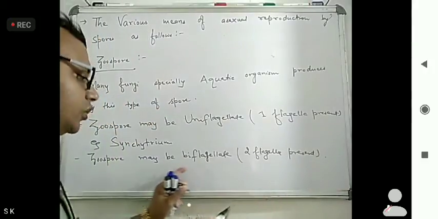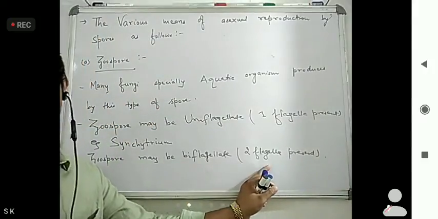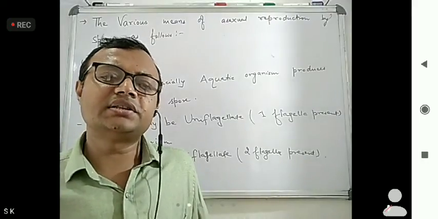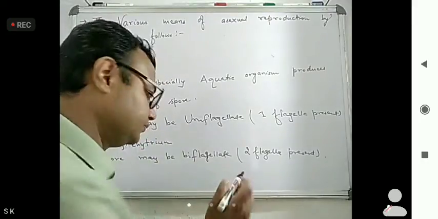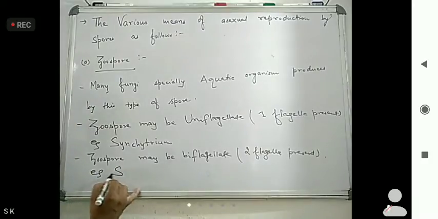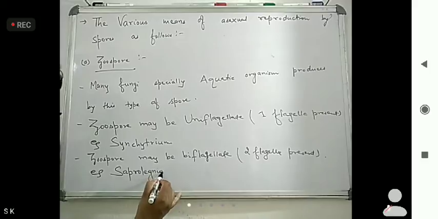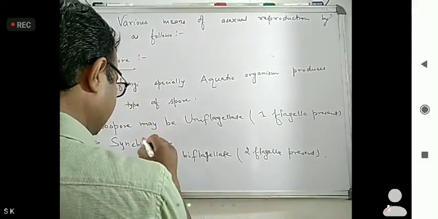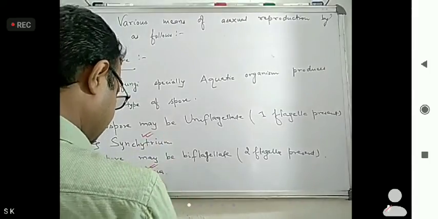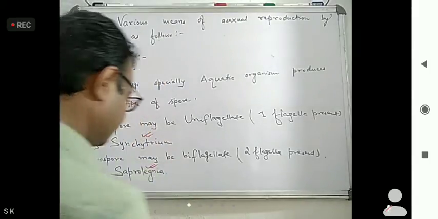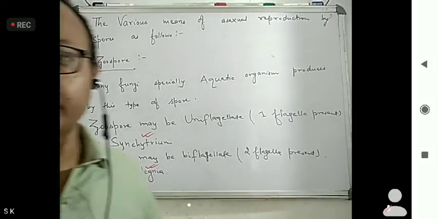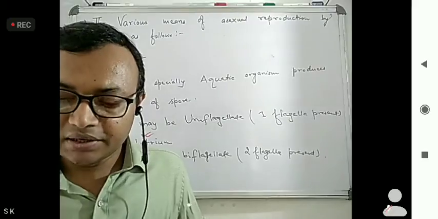For example, Saprolegnia. These examples are important: uniflagellate zoospore and biflagellate zoospore are present in which type of fungi? Synchytrium is uniflagellate, and Saprolegnia is biflagellate.